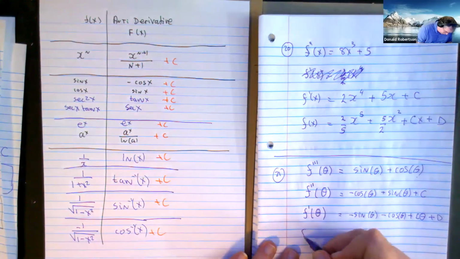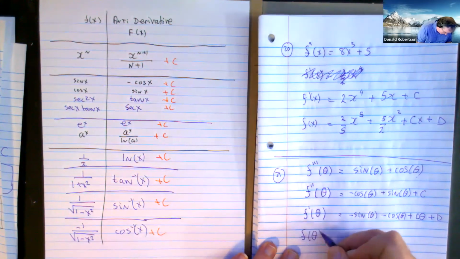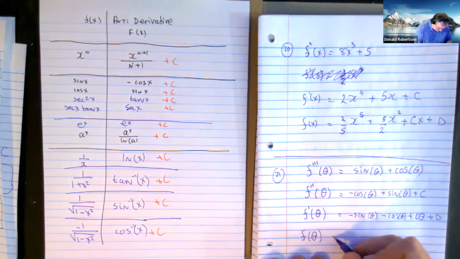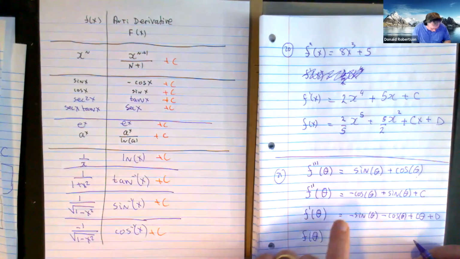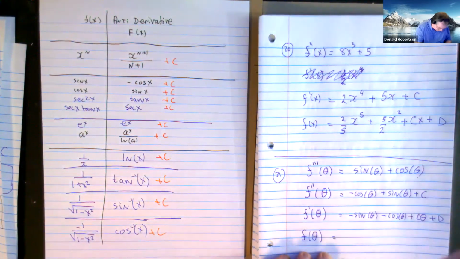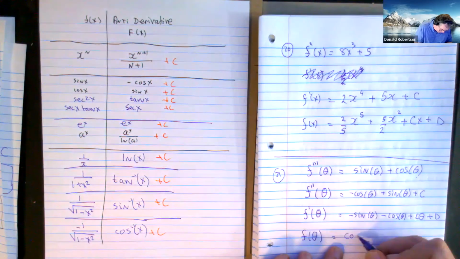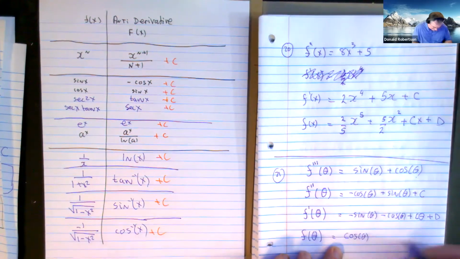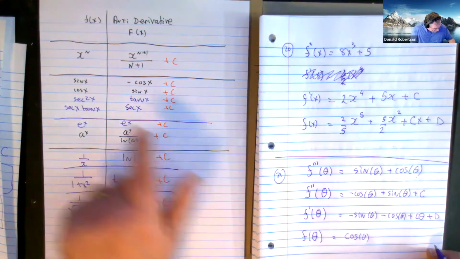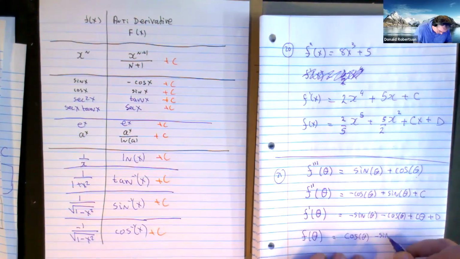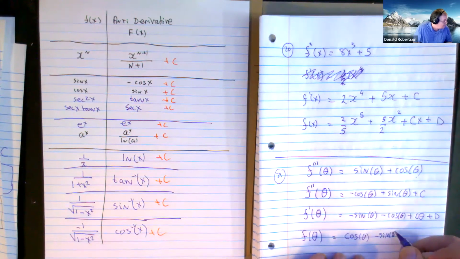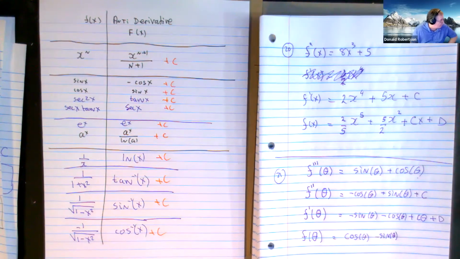Of course, we have one more to do. A negative sine. Well, a sine gets you a negative cosine, so a negative sine would get you the negative of that, so you end up back with a positive cosine. A negative cosine, well, if a cosine gets you a sine, a negative cosine gets you a negative sine.